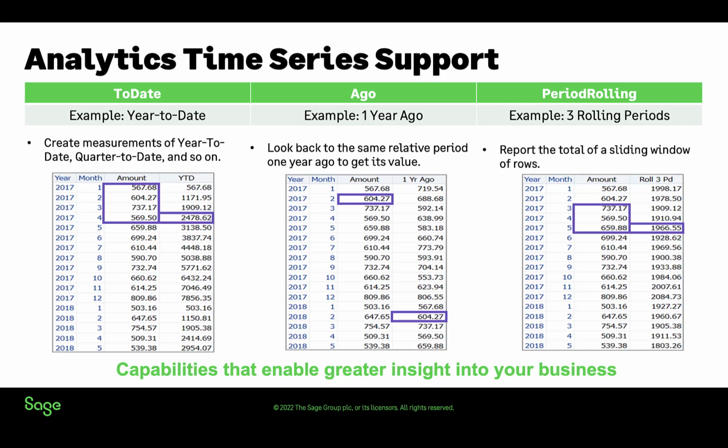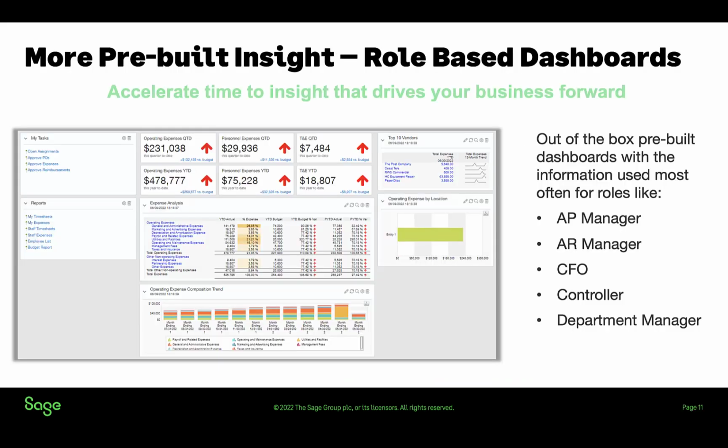For example, you can compare current year versus 1 year ago, current month versus 1 month ago, and so on. Period rolling calculations can be used to show rolling totals. For example, total for rolling past 3 months, rolling past 2 quarters, etc. Time series calculations provides you with more capabilities to create analysis for greater insight into your business.